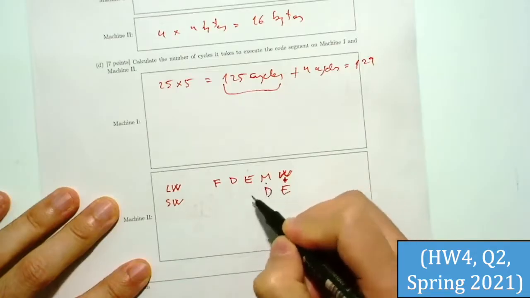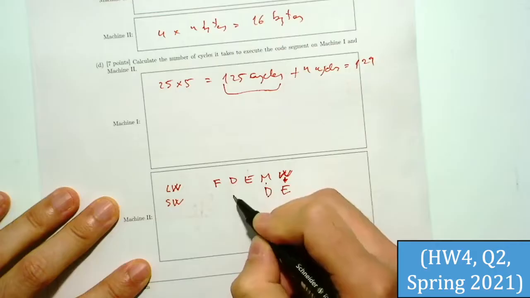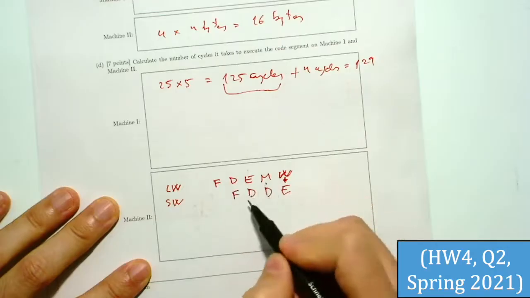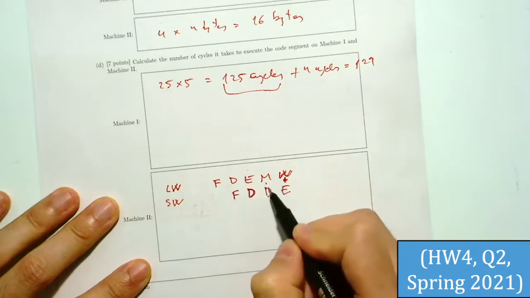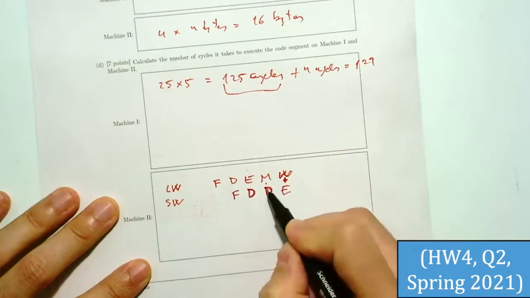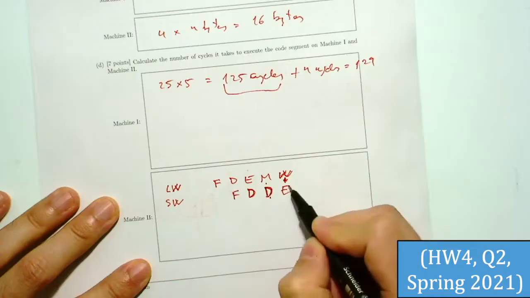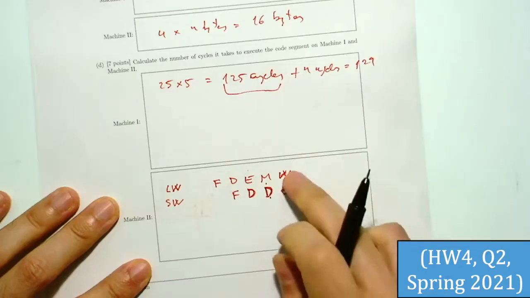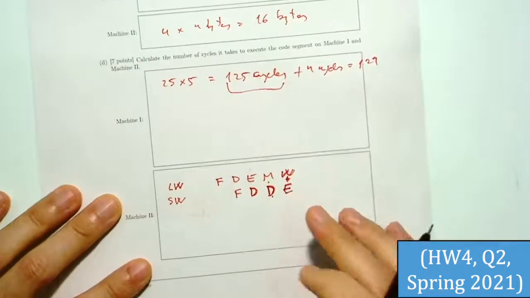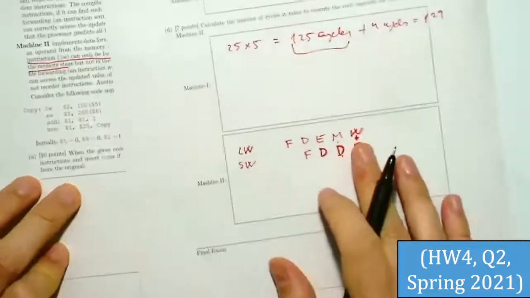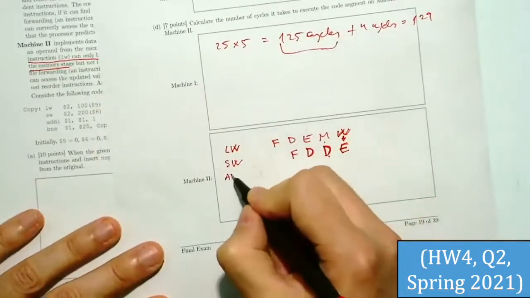Yeah, we have the code. So we have to store here. We are not ready to execute in this cycle because we need to wait for the data here. So next instruction is addition.